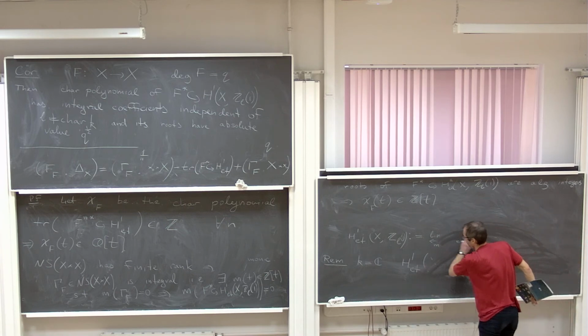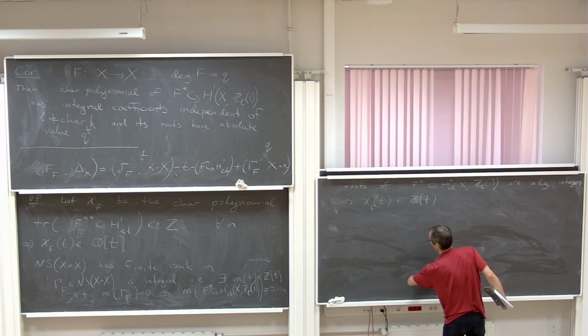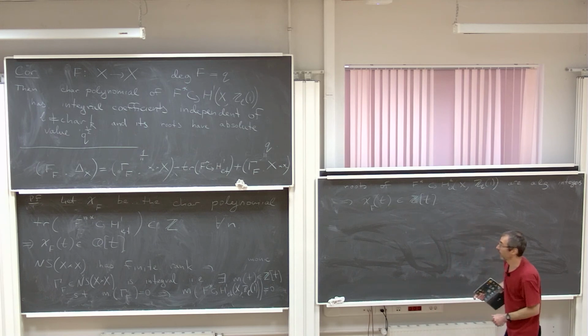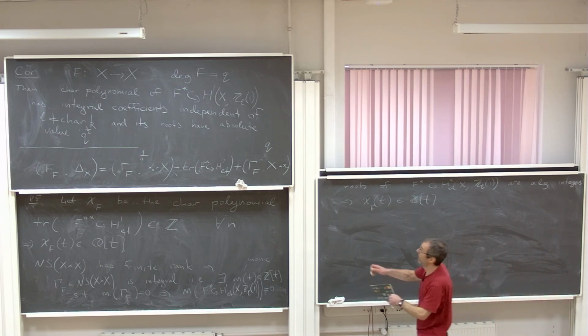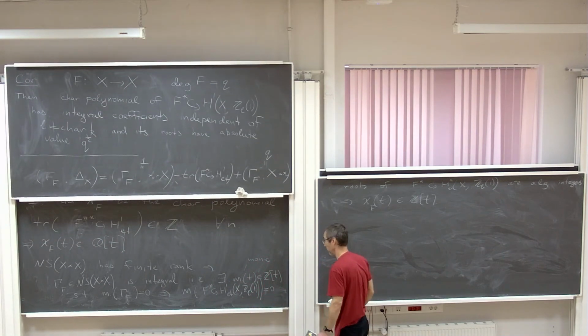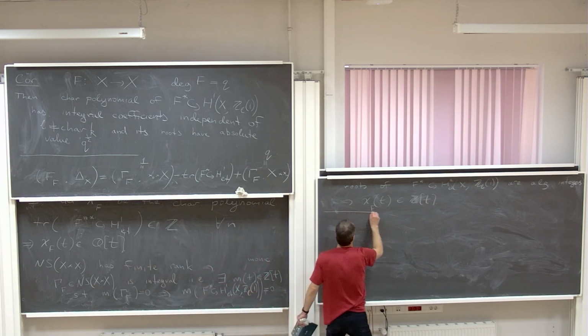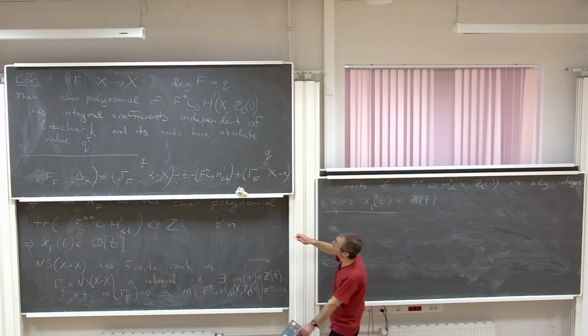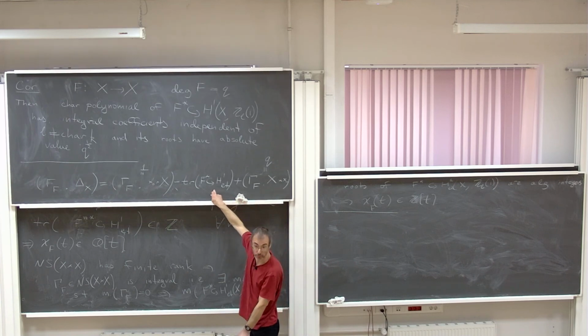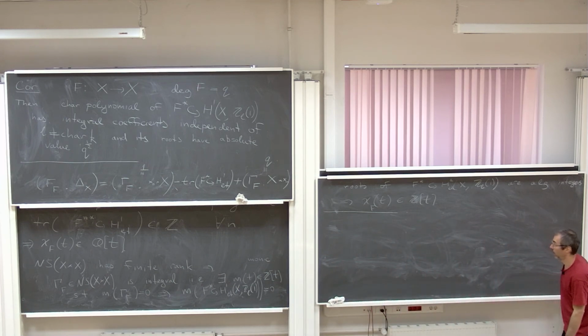So let's finally prove this result about the eigenvalues. And the proof is very simple. By the way, the independence on l follows also from this formula, because traces are independent. Now, let's prove the last assertion.